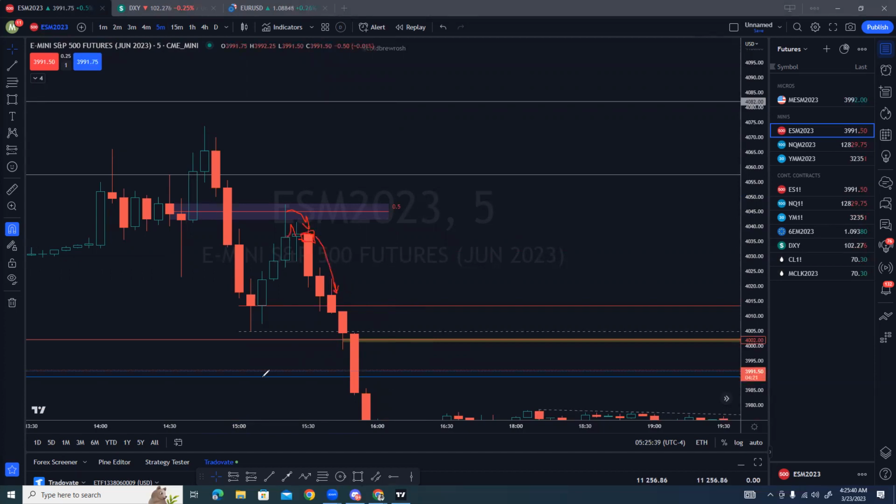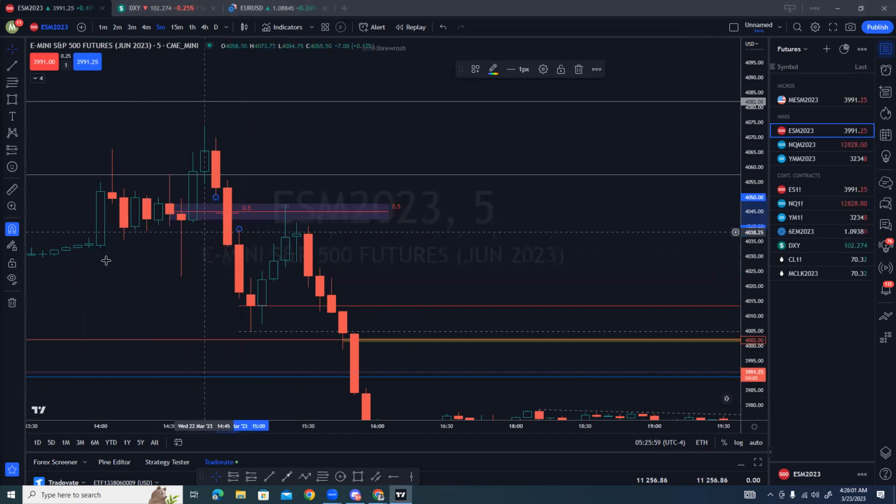Catch a little bit of that. Over and over. Every single time. And it's also the exact 50% almost of that fair value gap.